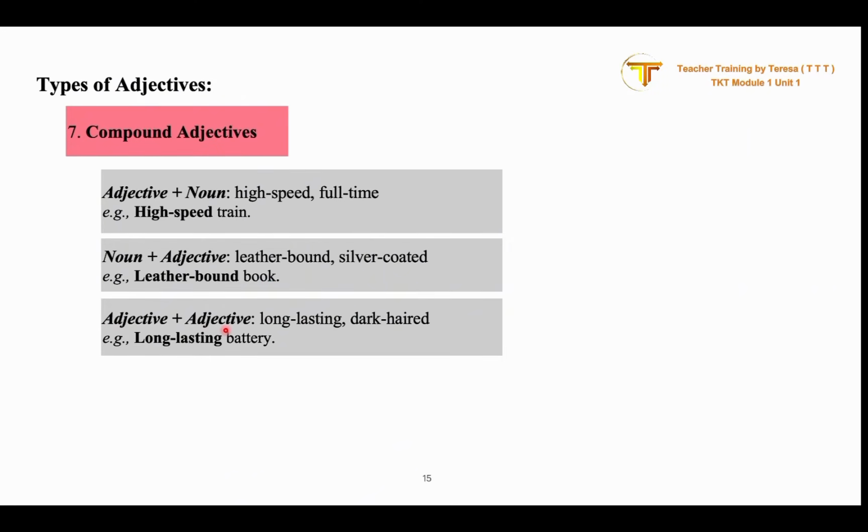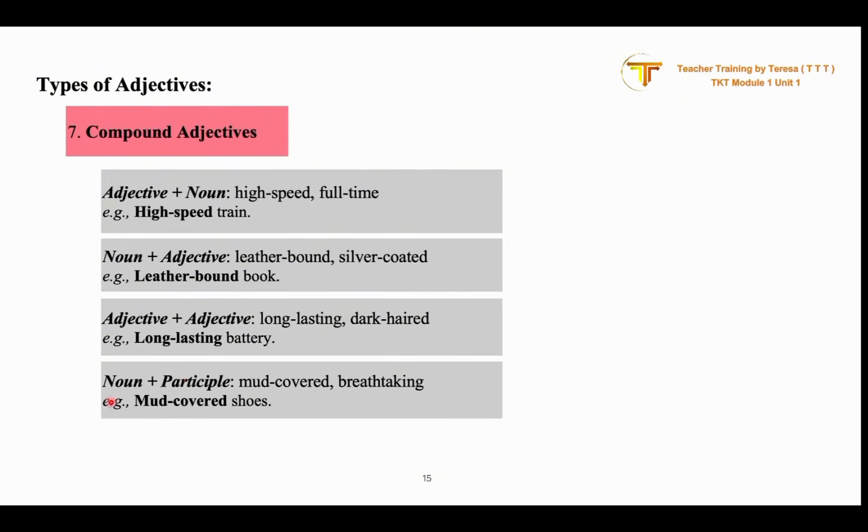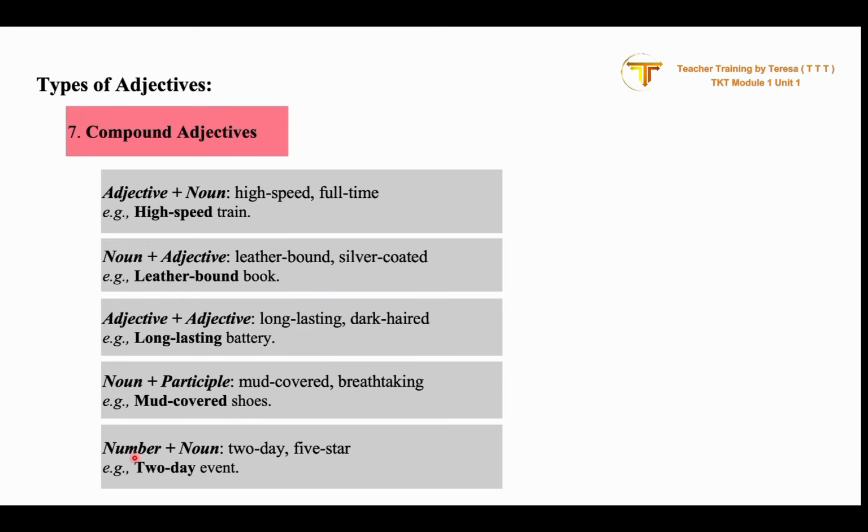Adjective plus adjective: long-lasting, dark-haired. Long-lasting battery. Noun plus participle: mud-covered, breathtaking. Mud-covered shoes. Number plus noun: 2-day, 5-star. 2-day event.